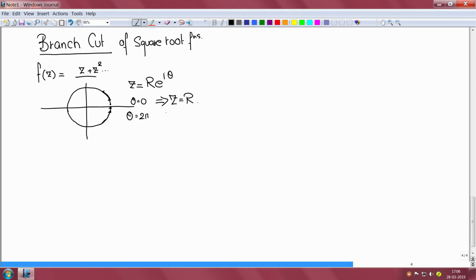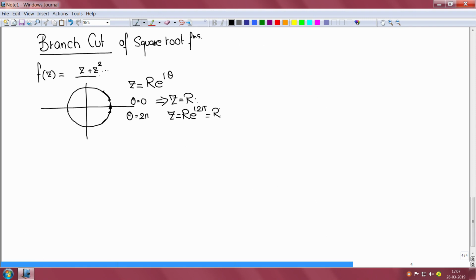At theta equal to twice pi, I am right here, right below the real axis, and z is equal to r e to the power of i twice pi, which is r. So z is continuous. I go around, I come back to the same physical point in z, and z also has the same value.